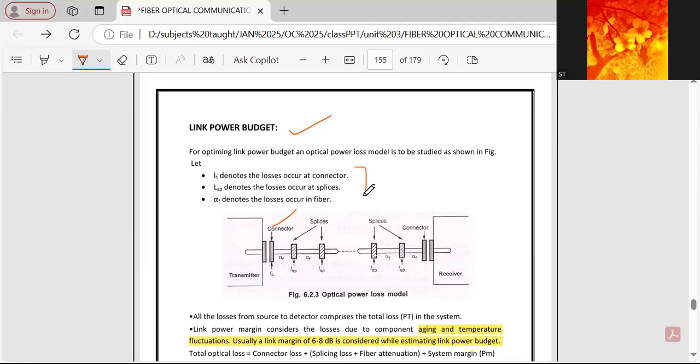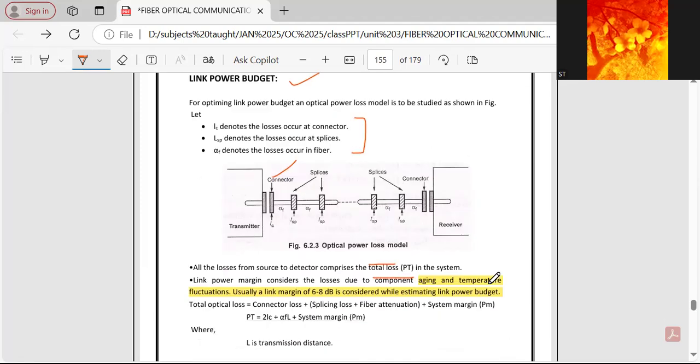So these are the three different types of losses due to three different components: connector, splices, and optical fiber. All these three losses together give a rough estimate of the total loss occurring in the system.